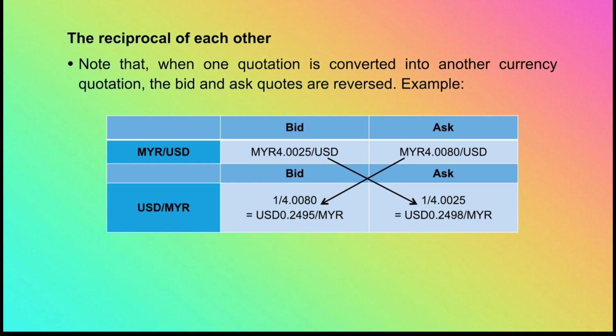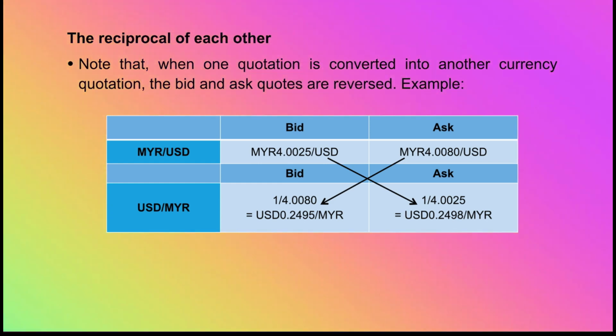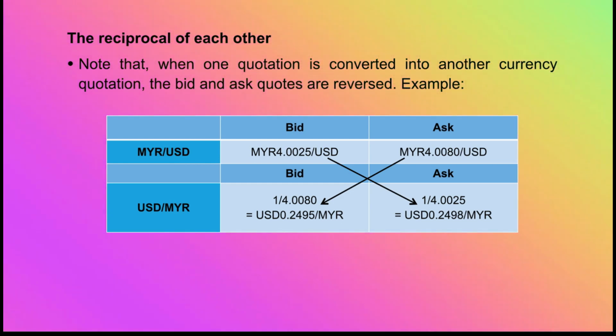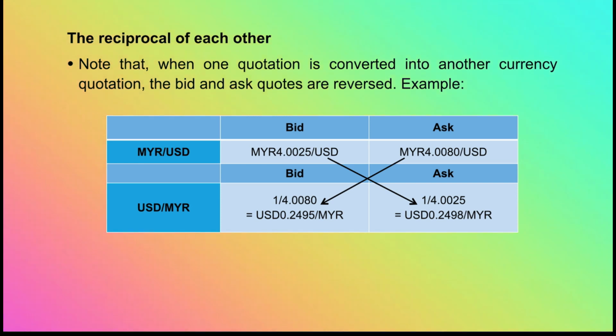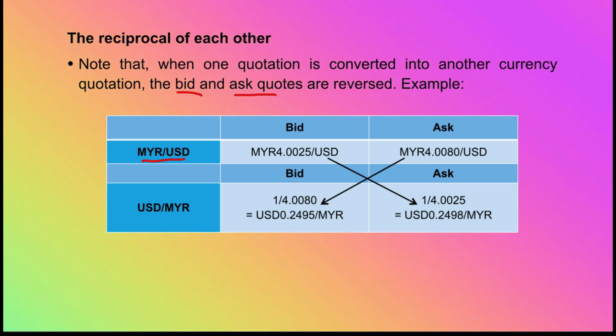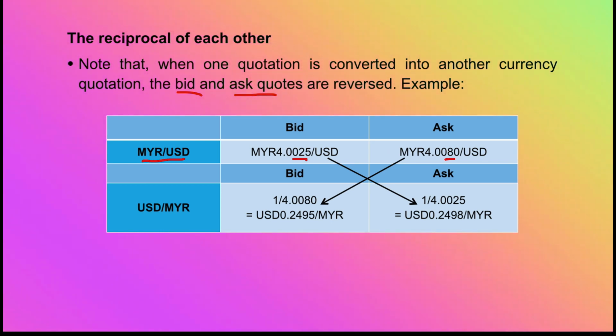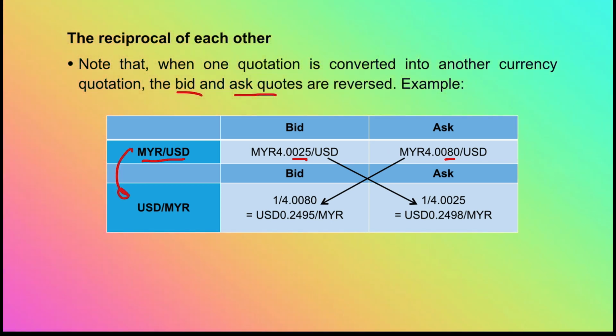If you still remember, we learned the reciprocal from the previous video. Note that when one quotation is converted into another currency quotation, the bid and ask quotes are reversed. The bid rate for Malaysia Ringgit per US dollar is 4.0025 and the ask rate is 4.0080. If you want to convert from Malaysia Ringgit per US dollar to US dollar per Malaysia Ringgit, you have to take the reciprocal.